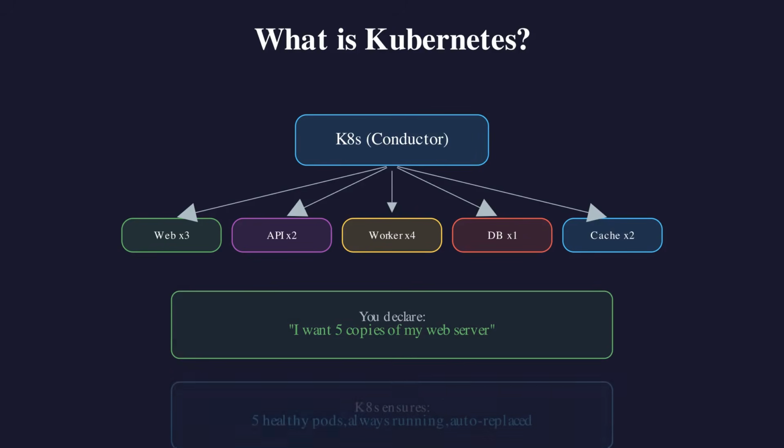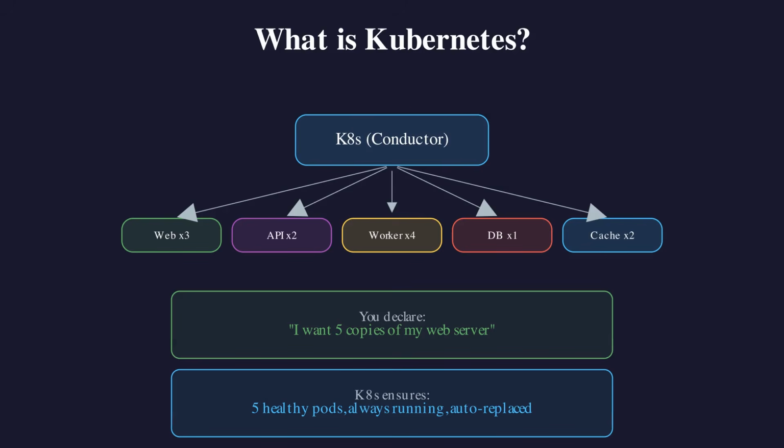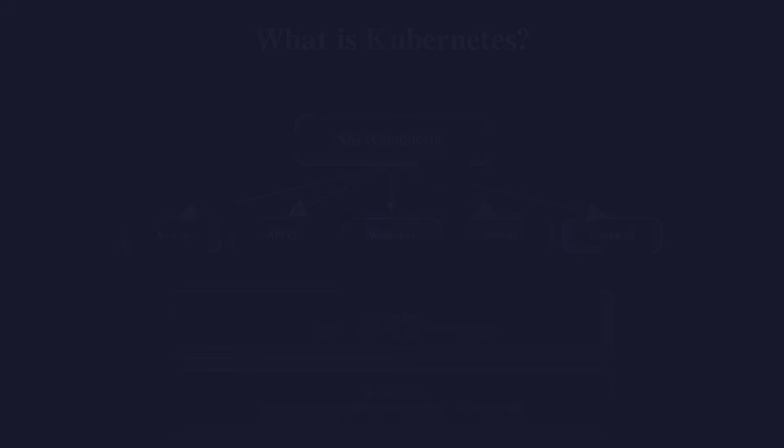You tell Kubernetes your desired state, I want 5 copies of my web server running, and Kubernetes makes it happen. If a container crashes, Kubernetes replaces it. If a server goes down, Kubernetes reschedules those containers on the healthy servers. You declare what you want, and Kubernetes figures out how to make it real.